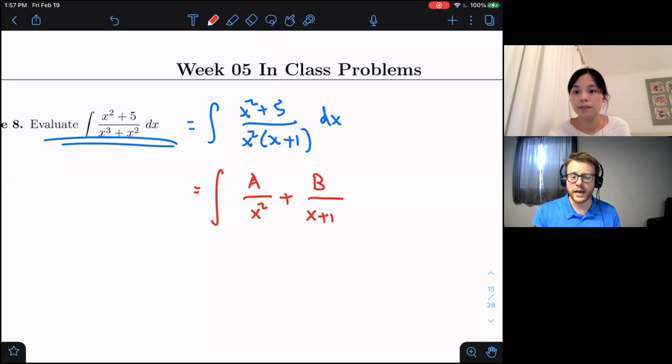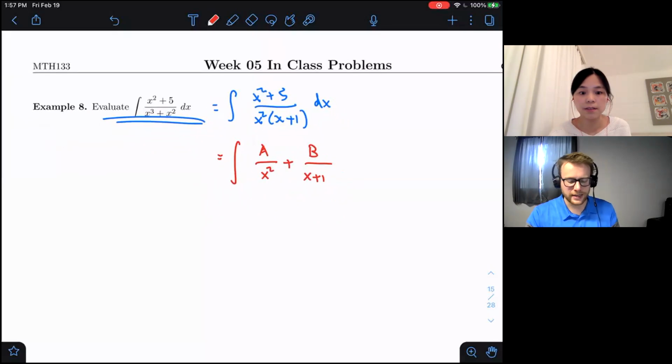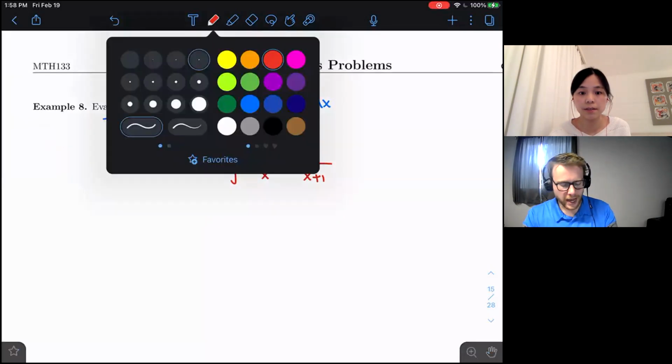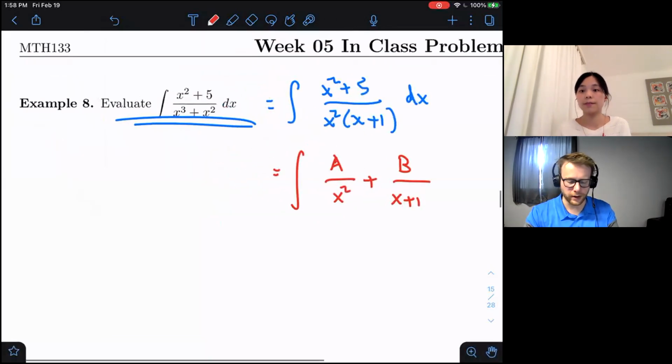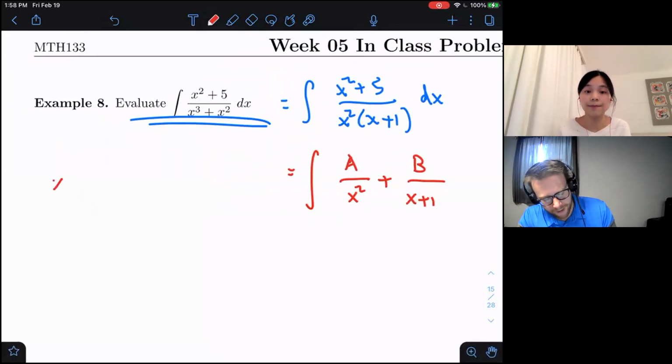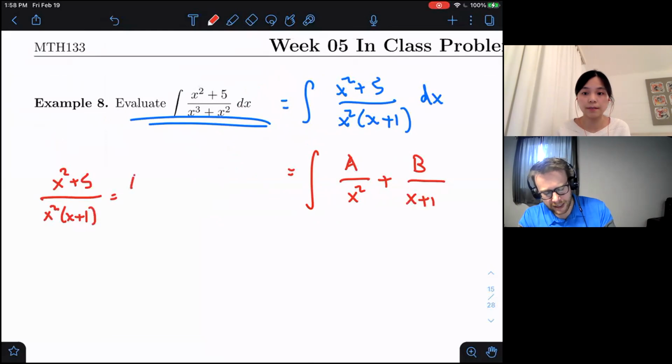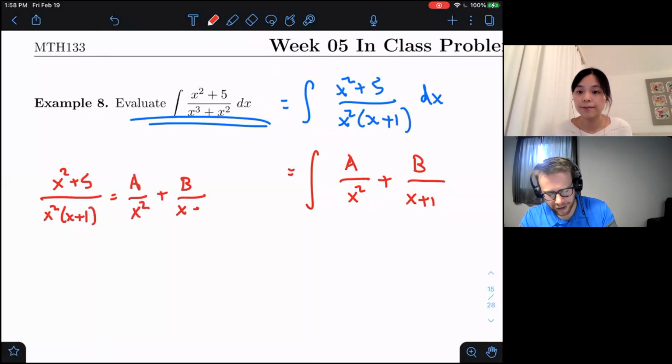But I want to showcase what goes wrong in this case. So if I set this up and do the algebra over here, let me keep going in red. I'm going to have x squared plus 5 divided by x squared times x plus 1, and I'm trying to make this equal to this here. My bad partial fractions decomposition.